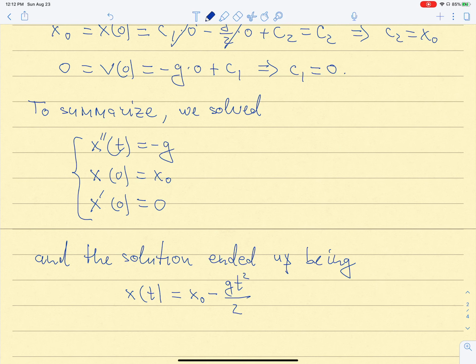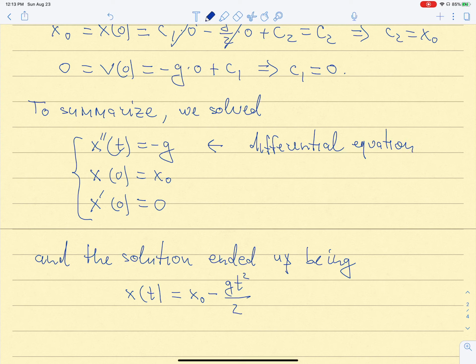A note about the terminology. So the equation here is an equation that involves derivatives of an unknown function, like we said before. And the goal is to find the function itself. So any equation that involves derivatives of an unknown function is going to be called a differential equation. So this would be a particular example of a differential equation.